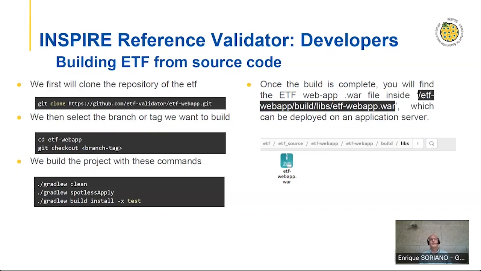Once you have selected the branch that you want to build, you have to build it using the instructions that have been provided using Gradle, and once this Gradle is executed, you finally come with the ETF web app ready to go.